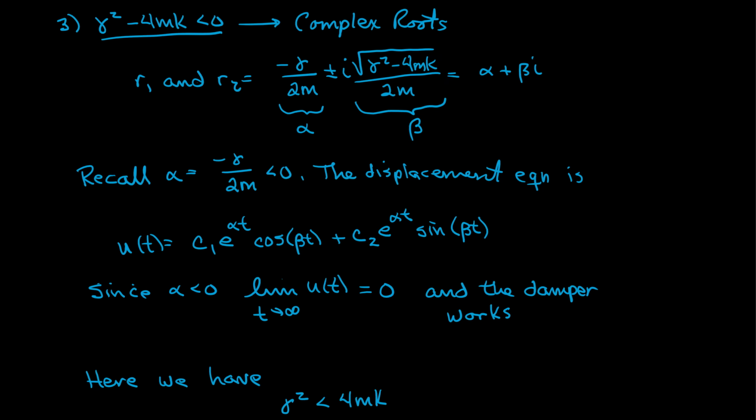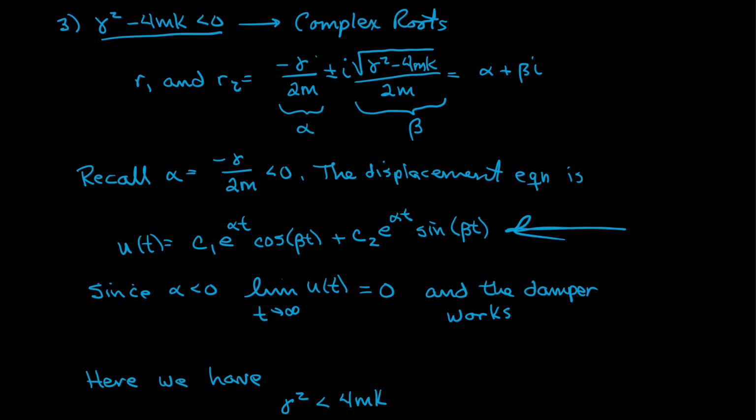Recall that alpha is equal to negative gamma over 2m. This is going to be negative because, as we discussed earlier, we're going to have a negative sign times a positive value over a positive value.